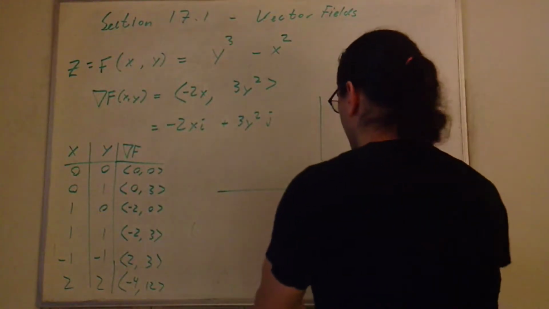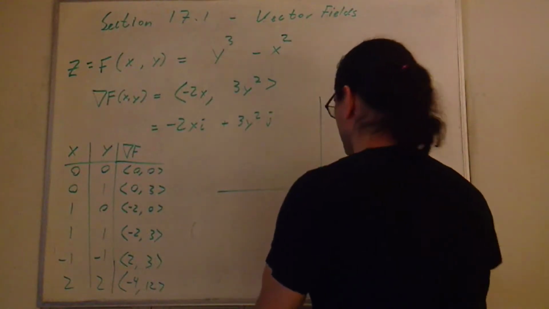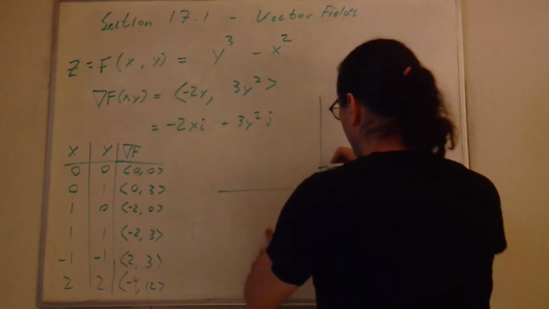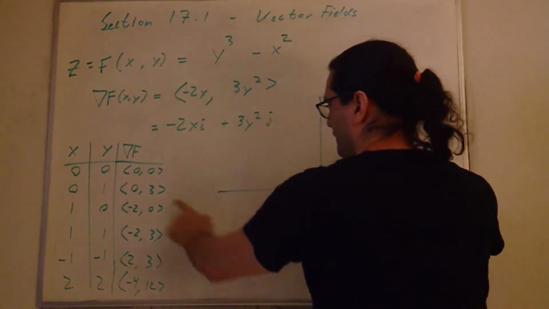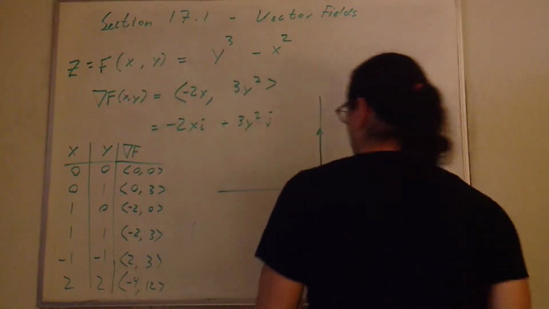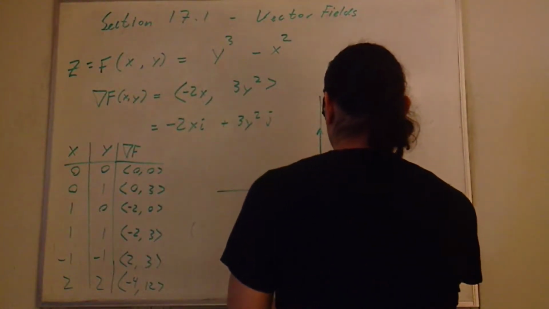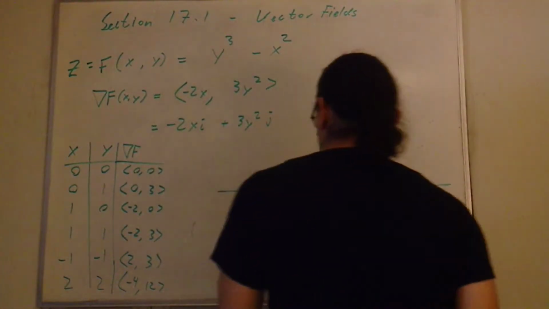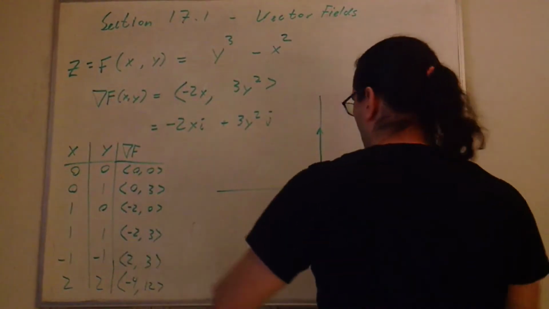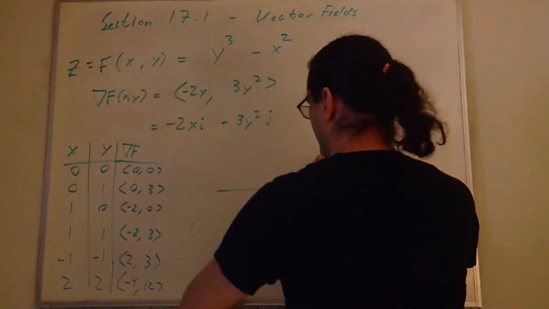So at 0, 0, we have the 0 vector. That's fine. At 0, 1, that's this point here, our vector is pointing 3 in the y direction. At 1, 0, we have a vector that's pointing negative 2 in the x direction. At 1, 1, that's this point here, we have a vector that is pointing negative 2 in the x and 3 in the y.